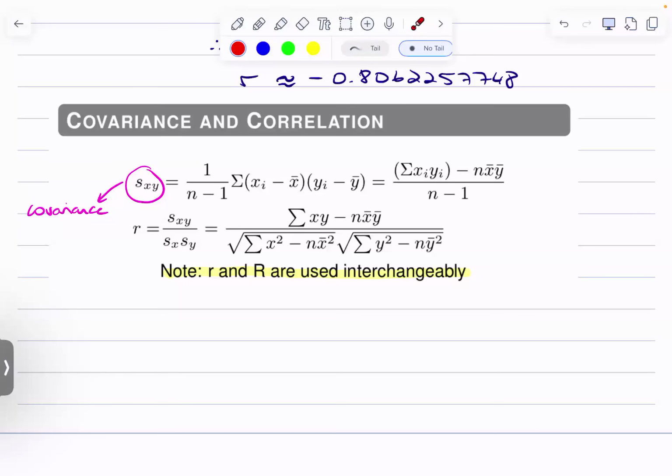Or alternatively, if I told you the covariance is blank, then you could use that here to find the correlation that way as well. Because from the question, I have to give you Sx and I have to give you Sy. So the only new component, so the third way, I guess, that I could give you the correlation is if I give you the covariance and ask you to find the correlation.